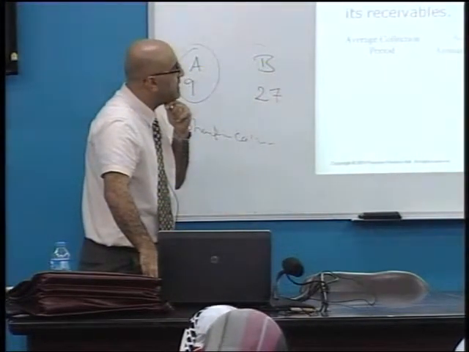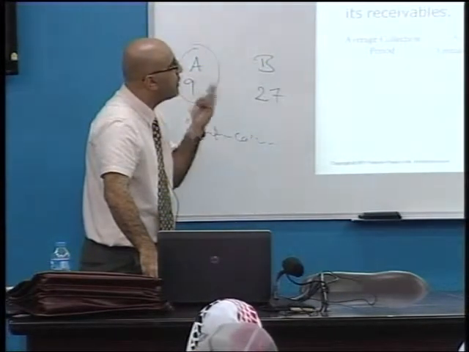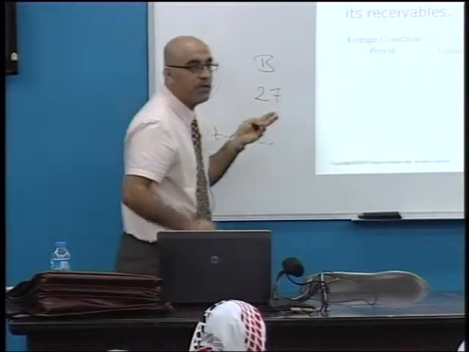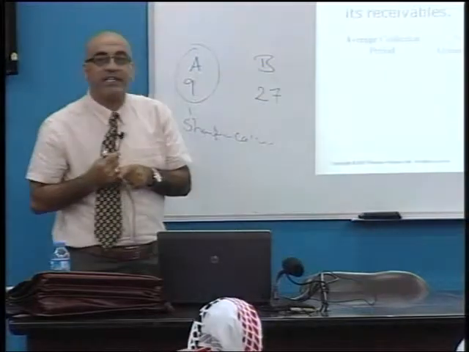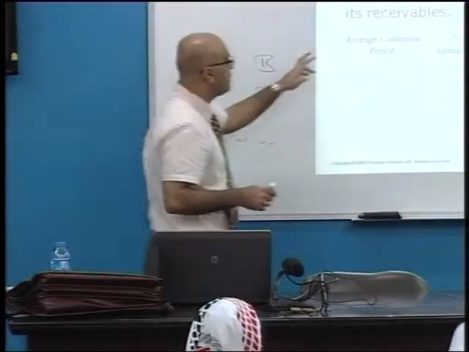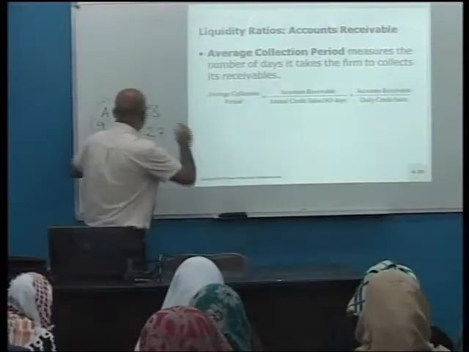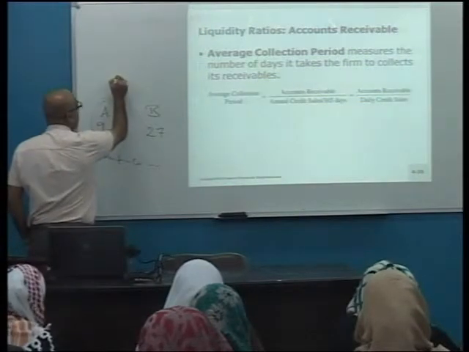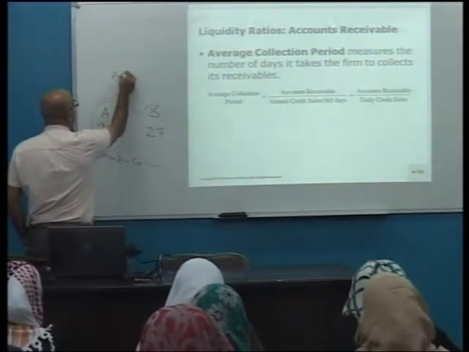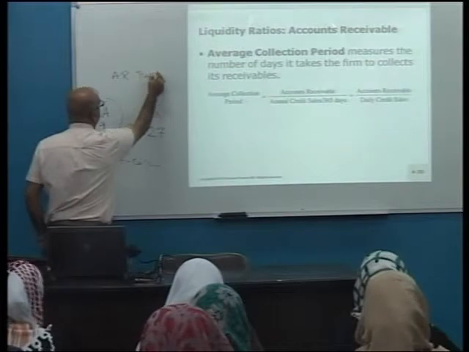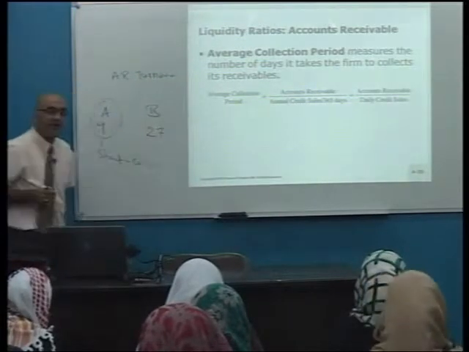In some cases, people calculate the account receivable turnover instead of using the average collection period. How do they do this?